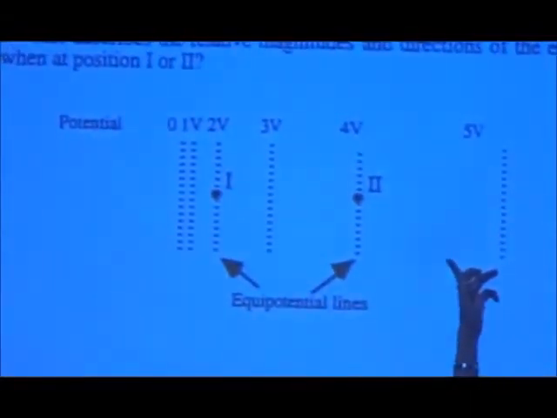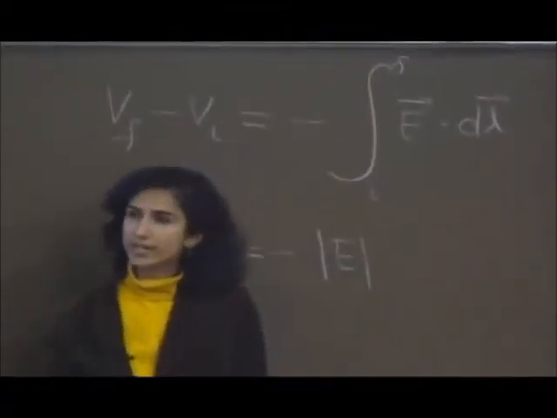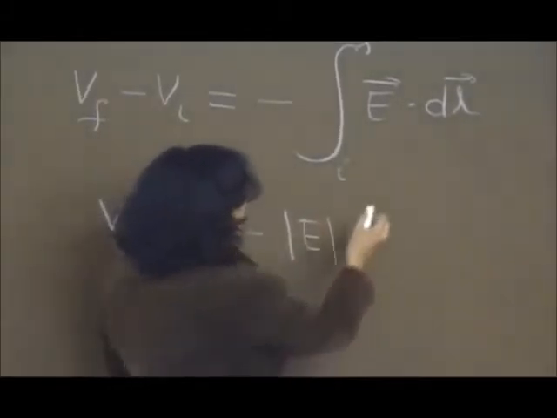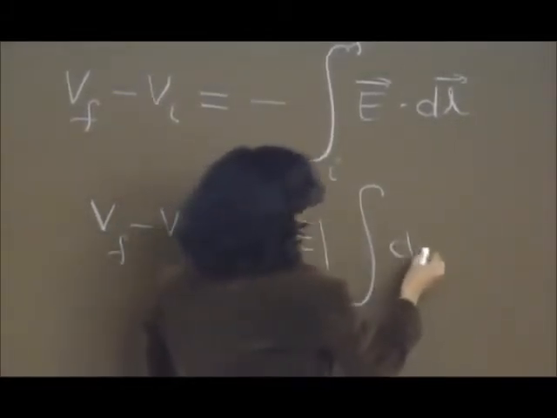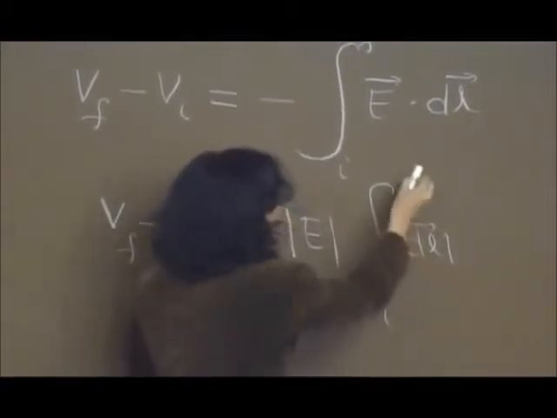If you are trying to go from this surface to this surface, it's better for us to choose our dl in this direction, perpendicular to these surfaces, because that makes cosine theta here cosine 0, if the electric field and dl are in the same direction, and then we are just left with the integral of the magnitude of dl from the initial to the final point.